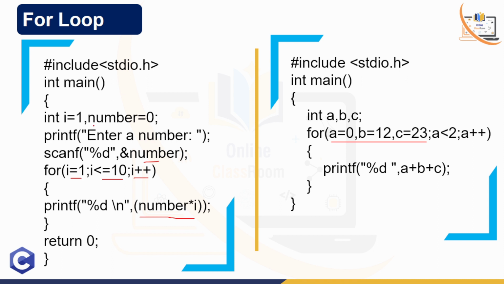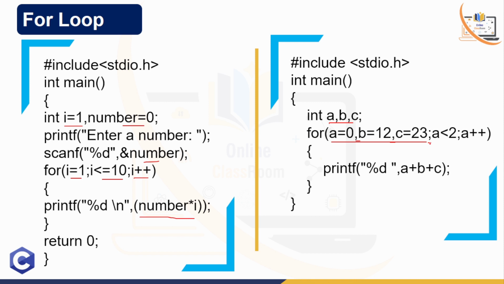It means in this code, each and every variable previously, right? But here we can assign the value of a equals to 0, b equals to 12 suppose, and c equals to suppose 23, and both separated using a comma, right?